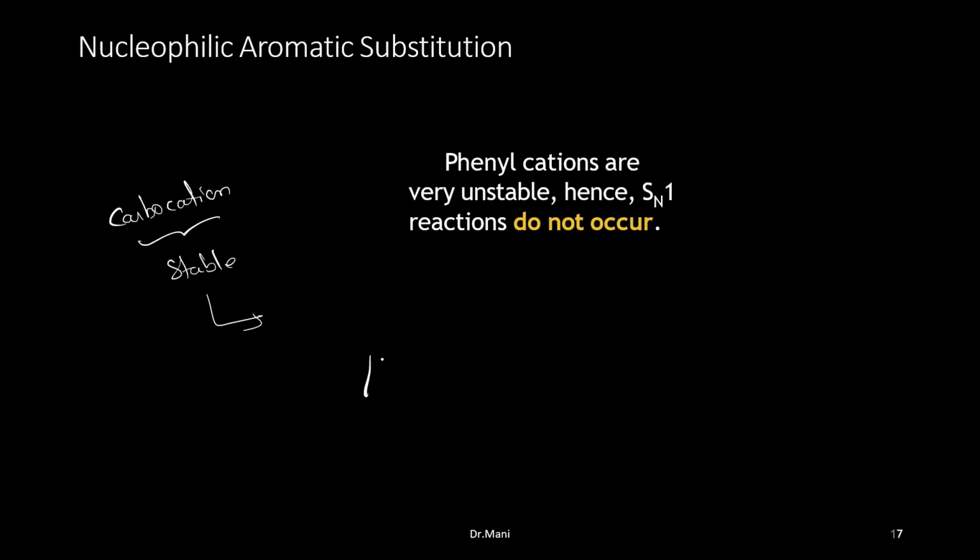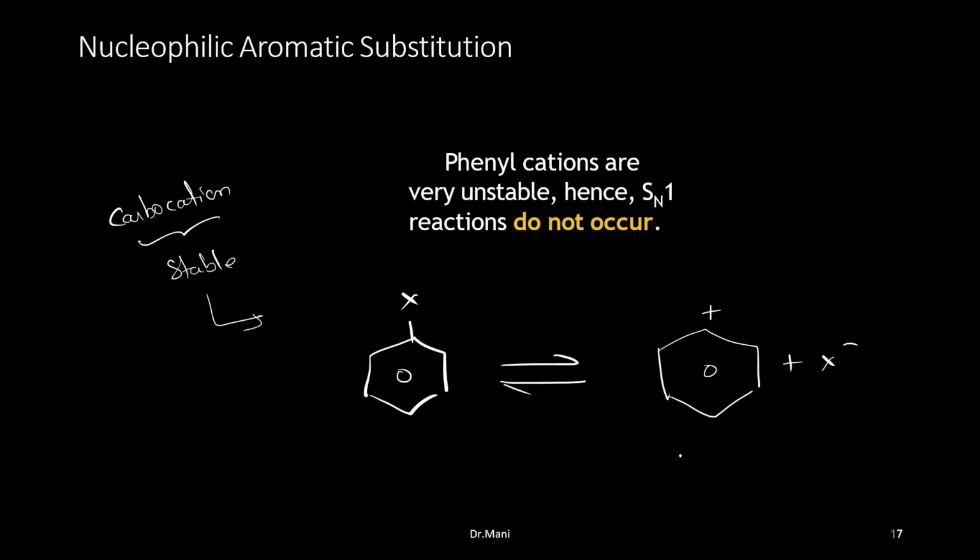Suppose you can see here there is an aryl halide, or any example with halogens. When you react this, it will form a cation, but that cation is so reactive that it will try to combine with the halogen again due to its instability.